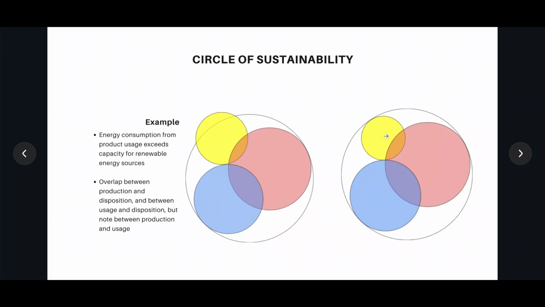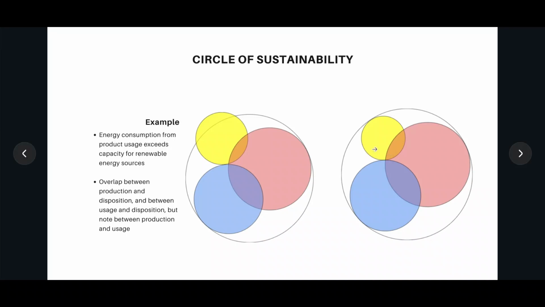So how do we make this more sustainable? Once again, there's a number of ways we could do this. In this case, I shrunk the product use circle, which represents simply using less energy. One example of this, I'll touch on in a little bit, is the use of incandescent versus LED light bulbs.